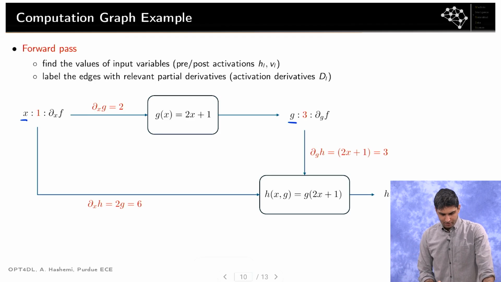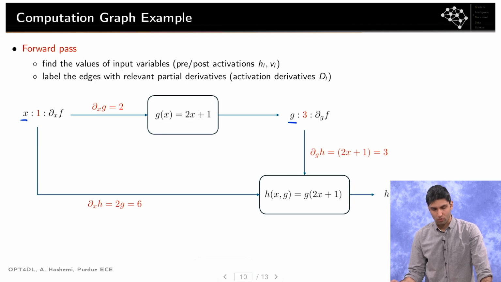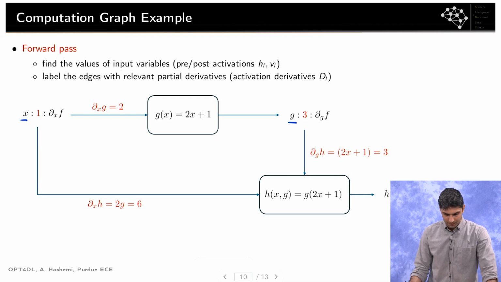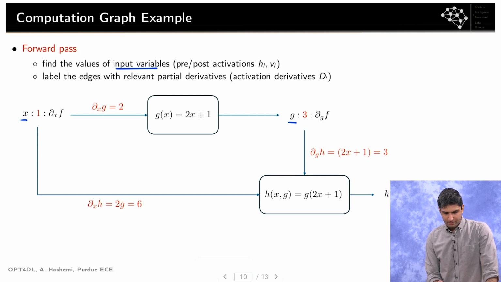Now in the forward pass, this is where the calculation starts to happen, right? We're going to calculate certain quantities. Namely, in the context of deep learning, we calculate the pre- and post-activation vectors, such that we are ready for the backward pass, where we propagate the error and therefore calculate the partial derivatives. In addition to calculating these variables, we're also going to label the edges with relevant partial derivatives.